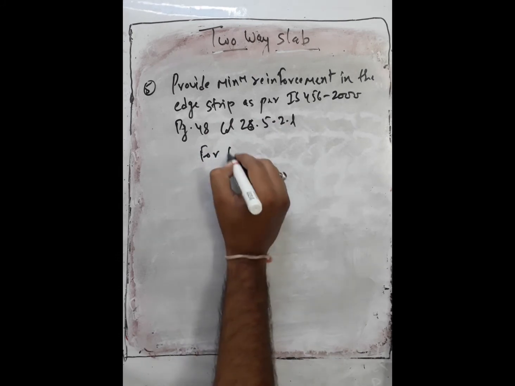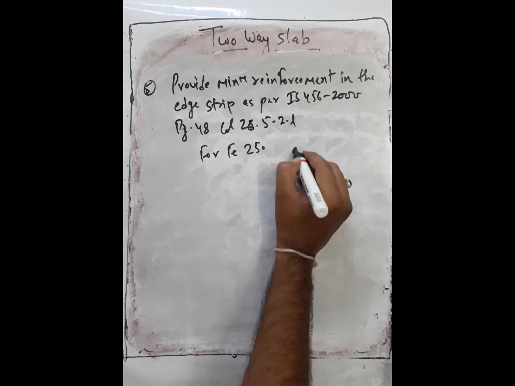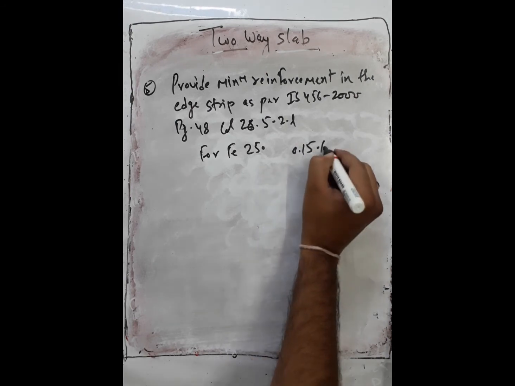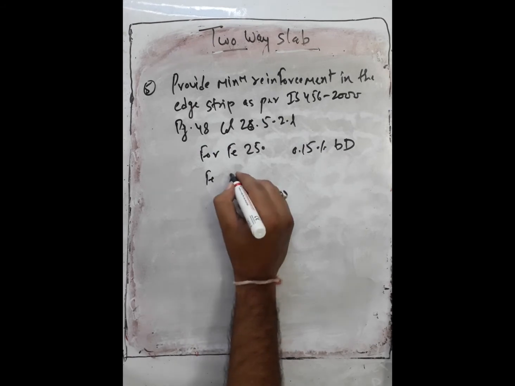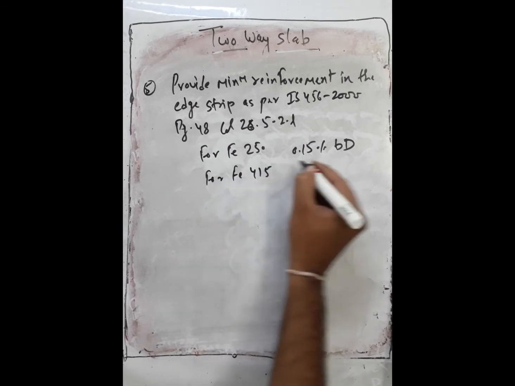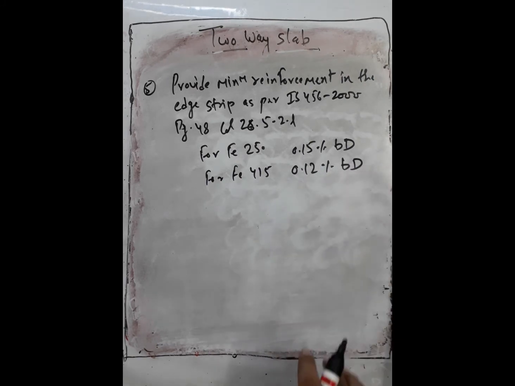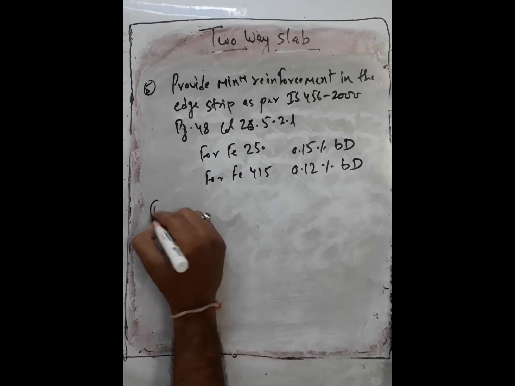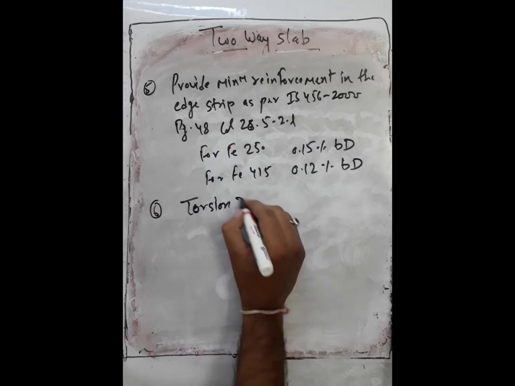For Fe 250, 0.15% of cross sectional area, and for Fe 415, 0.12% of cross sectional area. And the last one is for torsion reinforcement.